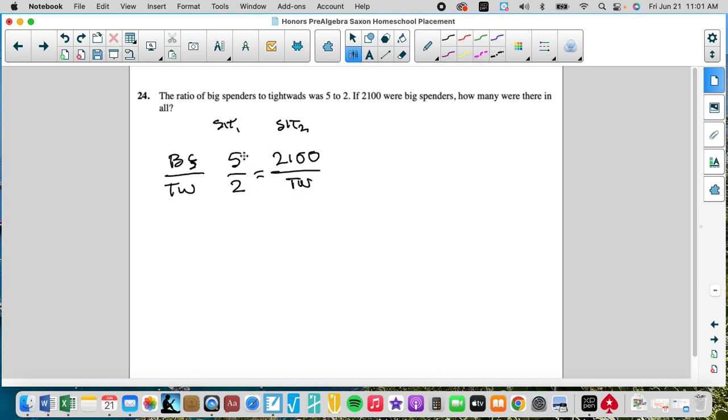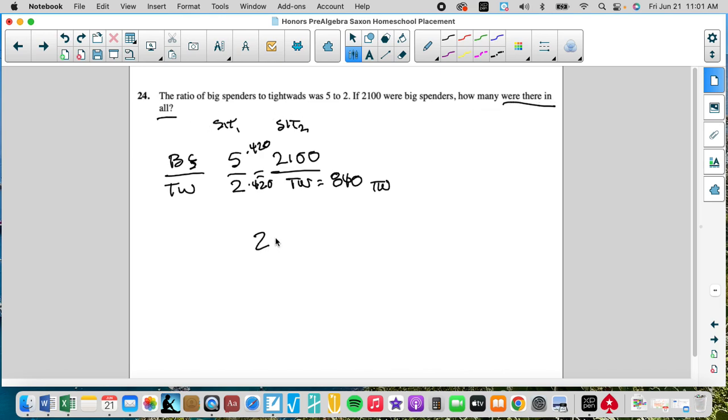were there in this. So we can either look for what number did I multiply 5 to get 2,100, or we can write a math problem. Well, I know that 5 times 420 gives me 2,100, so I can multiply this denominator by an equivalency. So 2 times 420 gives me 840 tightwads. But they want to know how many were there in all.